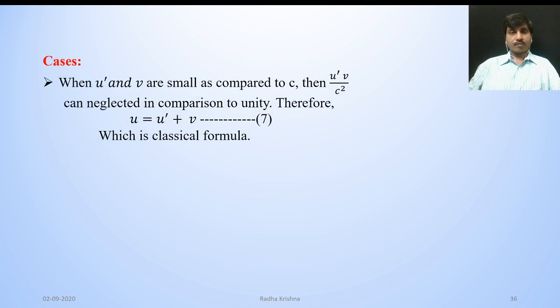Special cases. Case 1. When u dash and v are small as compared to c, then u dash v by c square can be neglected in comparison to unity.